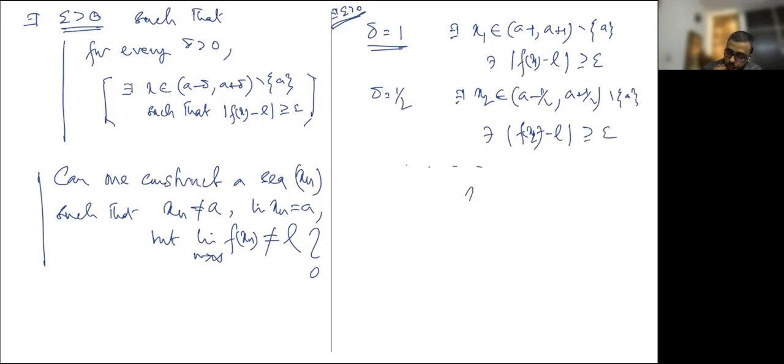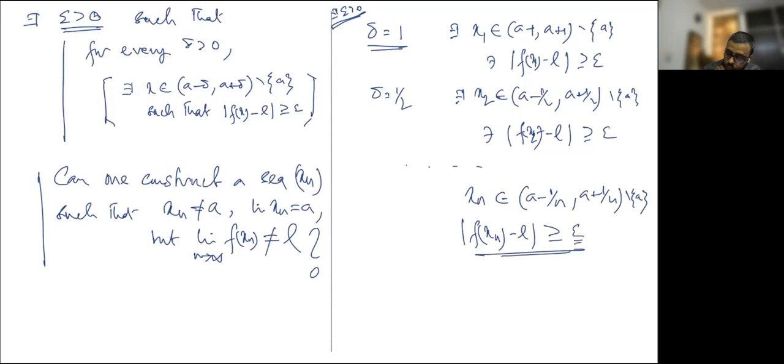So you keep choosing these x_n such that they come from here, the point is, x_n's are different from A, and |f(x_n) minus L|, this difference always remains greater than or equal to this fixed positive number.